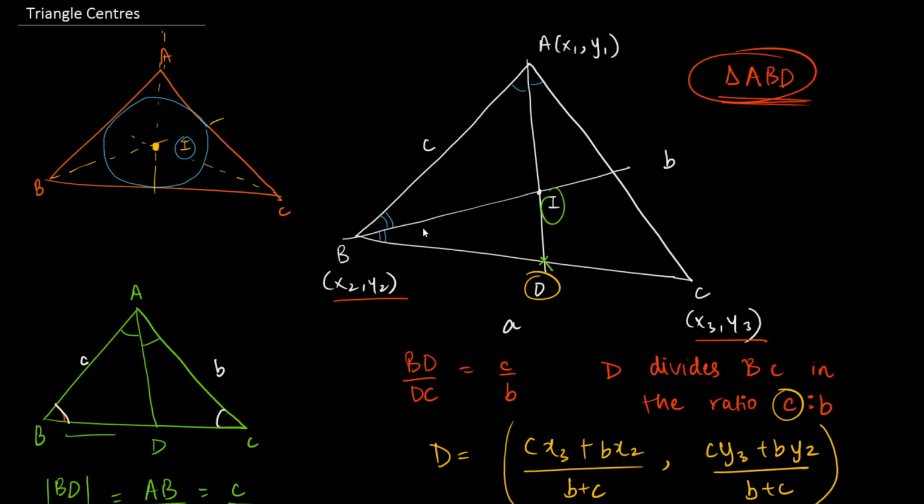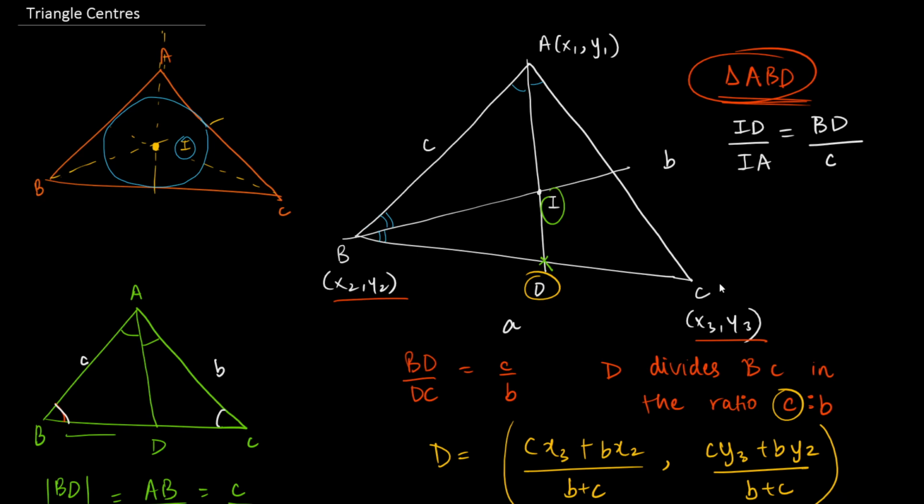What you can write now is that ID over IA, again, I'm not writing directed line segments, by the way, so ignore the weird nomenclature. But anyways, the ratio of these lengths is equal to the ratio of the corresponding sides of the triangle. So ID corresponds to BD, and IA corresponds to AB.